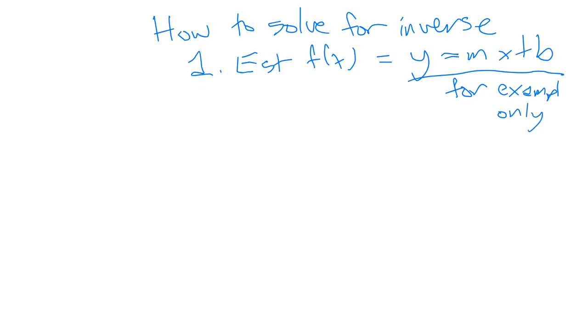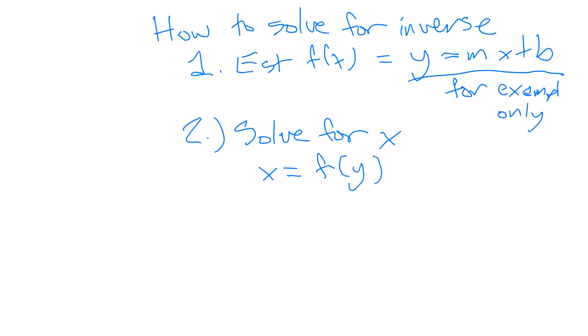All right, and then the next thing we're going to do is find some function where we can solve for our x. So where our new value looks like x equals f of y, where we just have x by itself.